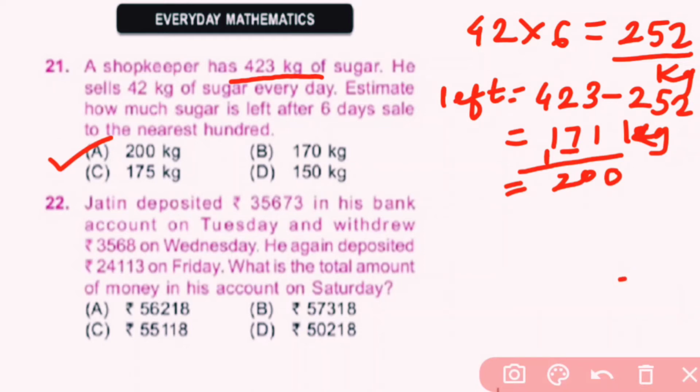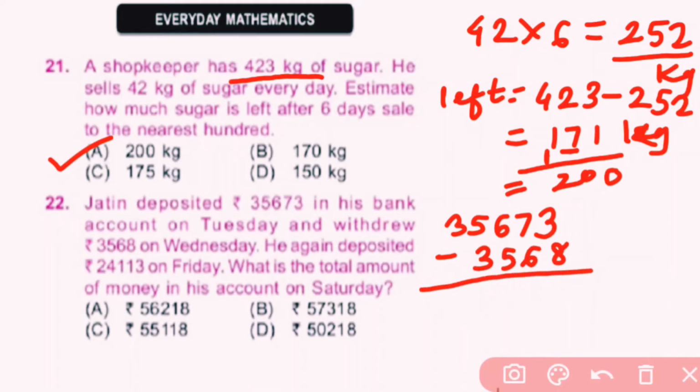What is the total amount of money in his account on Saturday? So first he deposited 35,673 and then he withdrew 3,568. So how much is remaining?